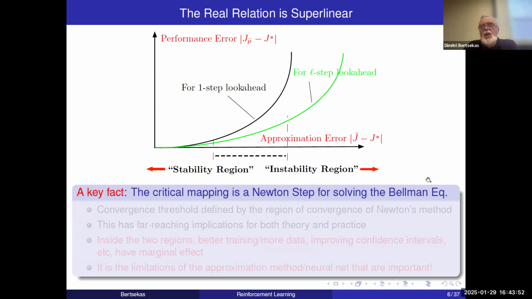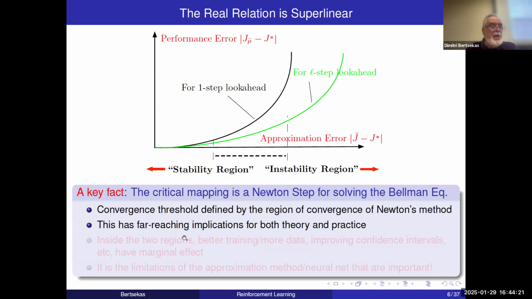But if you start far away, it may not even converge. That's what's happening here. There's a stability region within which the Newton step is very effective, and another region far away where the method fails catastrophically because you are outside the region of convergence of Newton's method. So the convergence threshold, somewhere around here, is defined by the region of convergence of Newton's method.